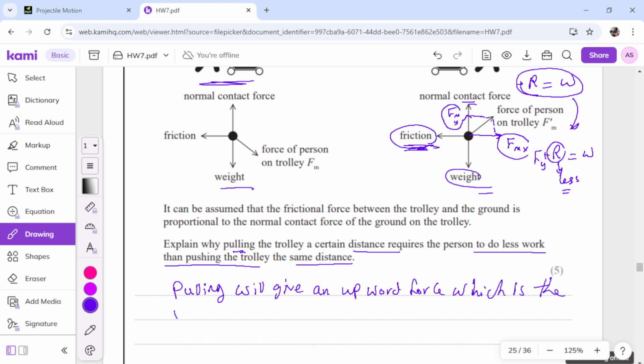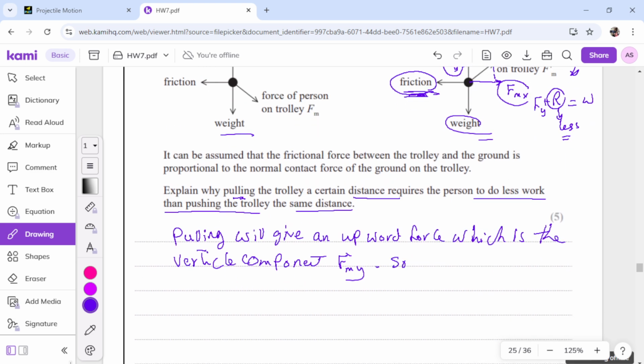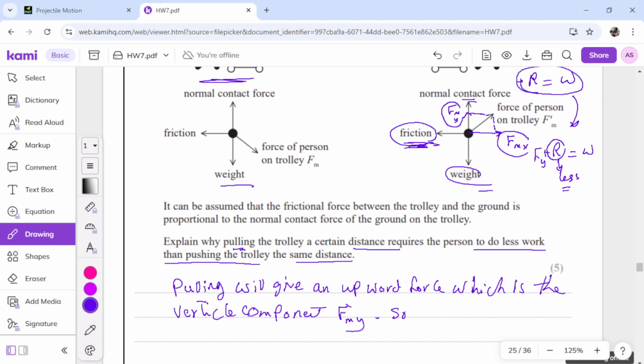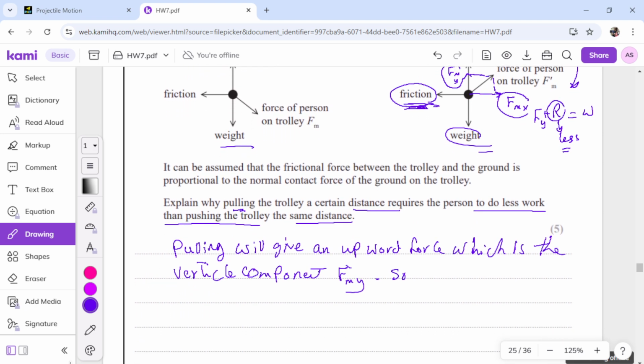The vertical component, F dash M Y. Okay, and this will do what? Now, the normal reaction force or normal contact force will decrease.